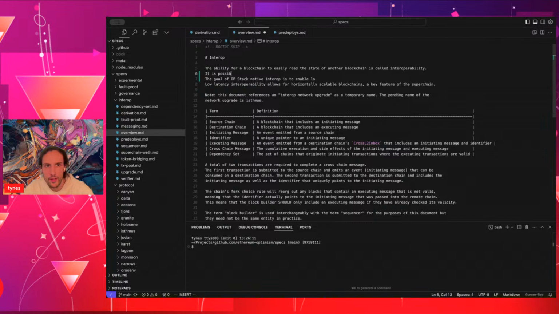Interop is possible, say, relatively trustless interop is possible between rollups by using L1 Ethereum as a hub.